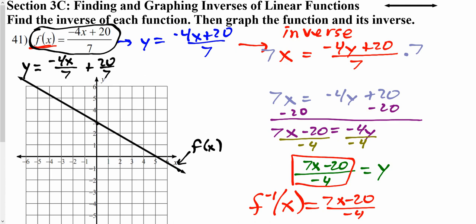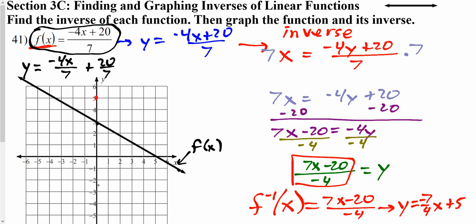Now I'm going to do the same thing down here for my inverse, which is once again y is equal to negative 7 over 4x, and then negative 20 over negative 4 is a plus 5. So for my inverse, it's just plus 5. I'm going to go up 5 for my y-intercept, and then I'm going to do my slope, which is down 7, right 4.